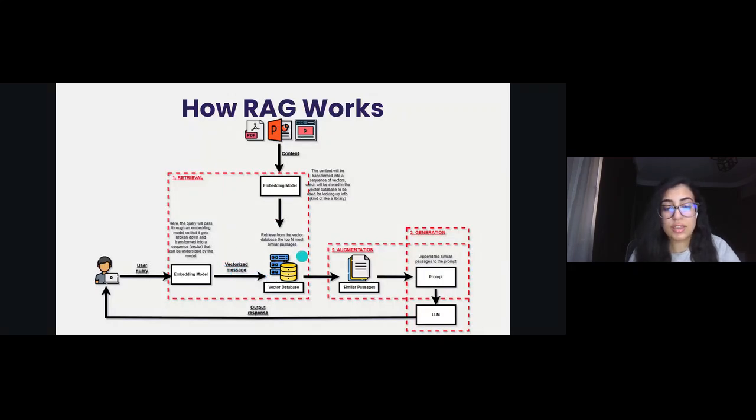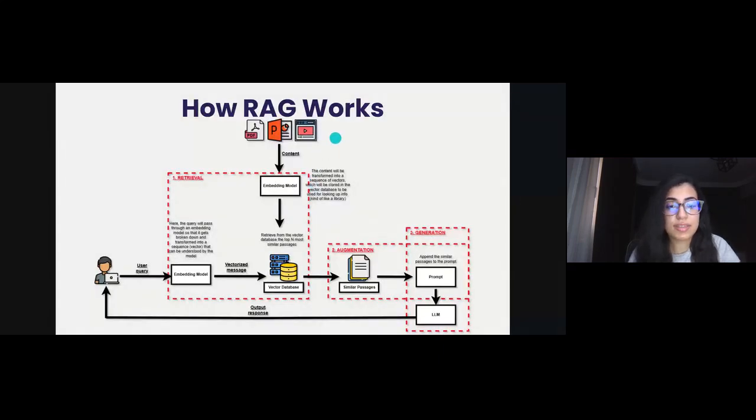Before it gets into the vector database, we have something called the vector database, which is basically the database that the RAG would take its information from. Then this vectorized message is sent to the database, and this database has data in it.